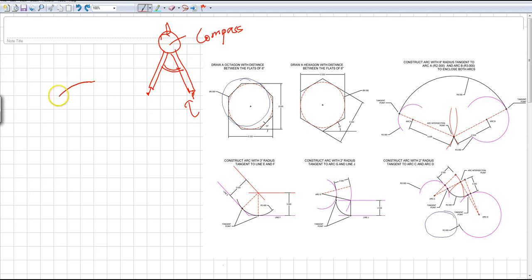So I go 3, approximately 6, right? Let me do it again. I just didn't do it right. So 6 is going to be, I'm going to have my center here, and I go there, go there. It should be a nice and clean circle, even though mine is not the best, but I hope you get the idea, right? So I did my inner circle. Now this is just a guide that I have. I really don't need that later on once my octagon is done.